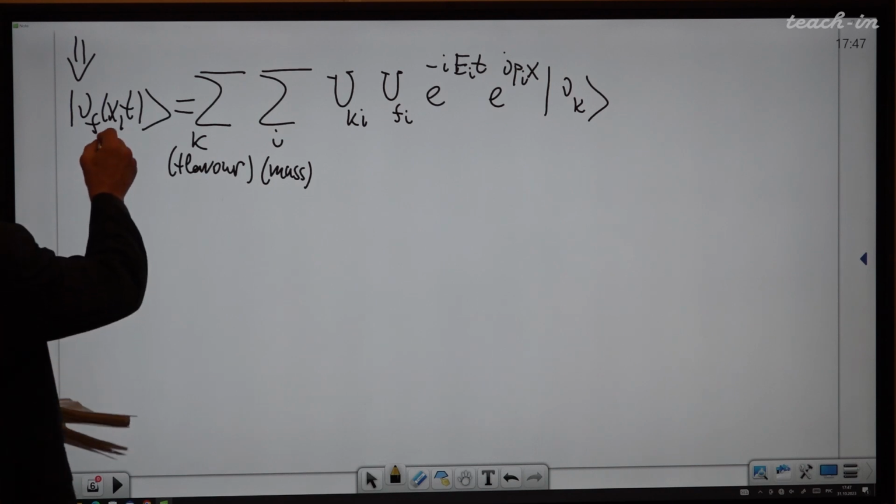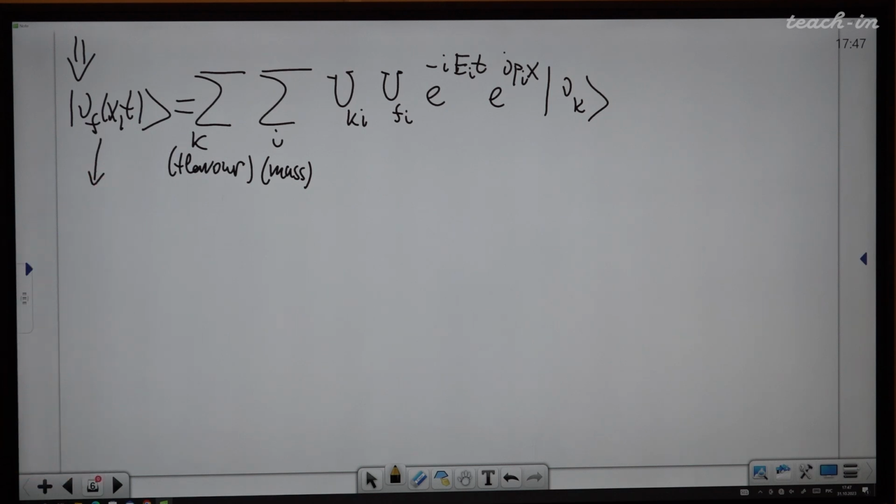And at this point, if we go further, two prescriptions can be used. At first sight, it seems that they are quite different.